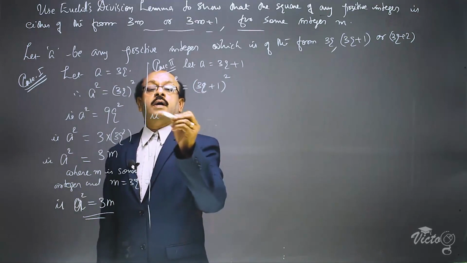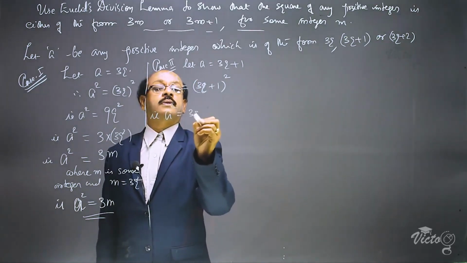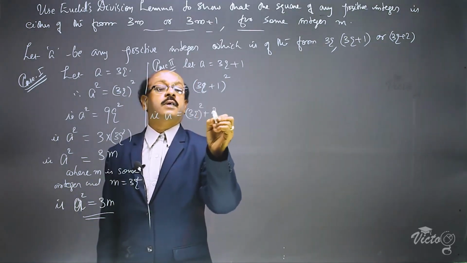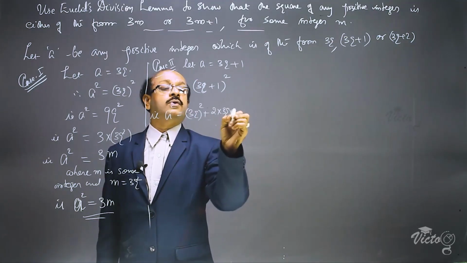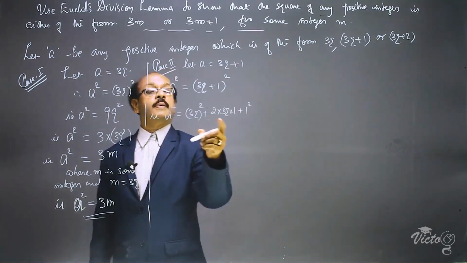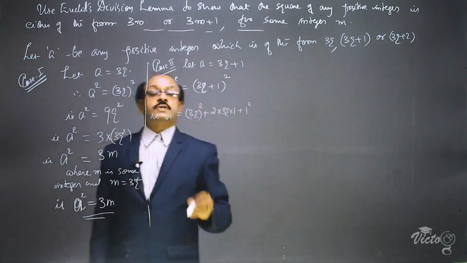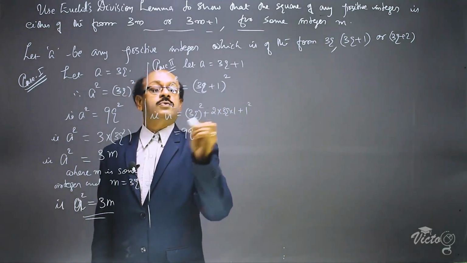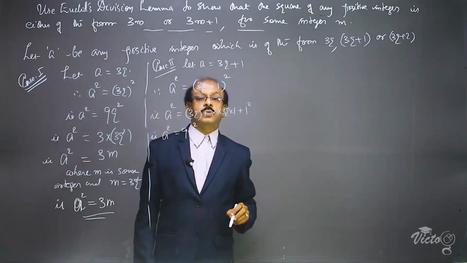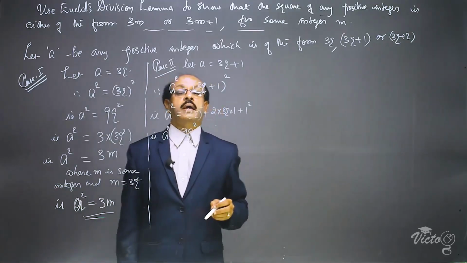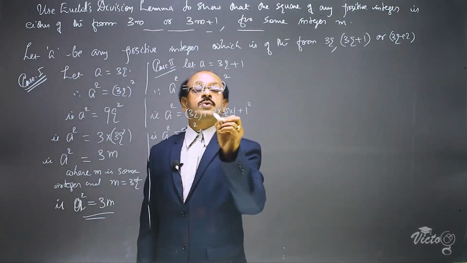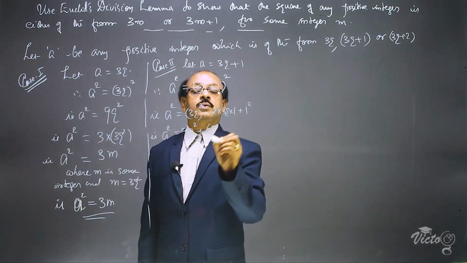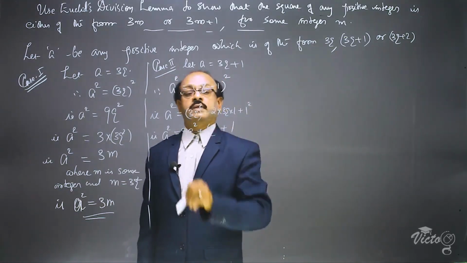That is, a square is equal to 3q the whole square, which is 9q square, plus 2 into 3q into 1, which is 6q, plus 1 square, which is 1 itself.